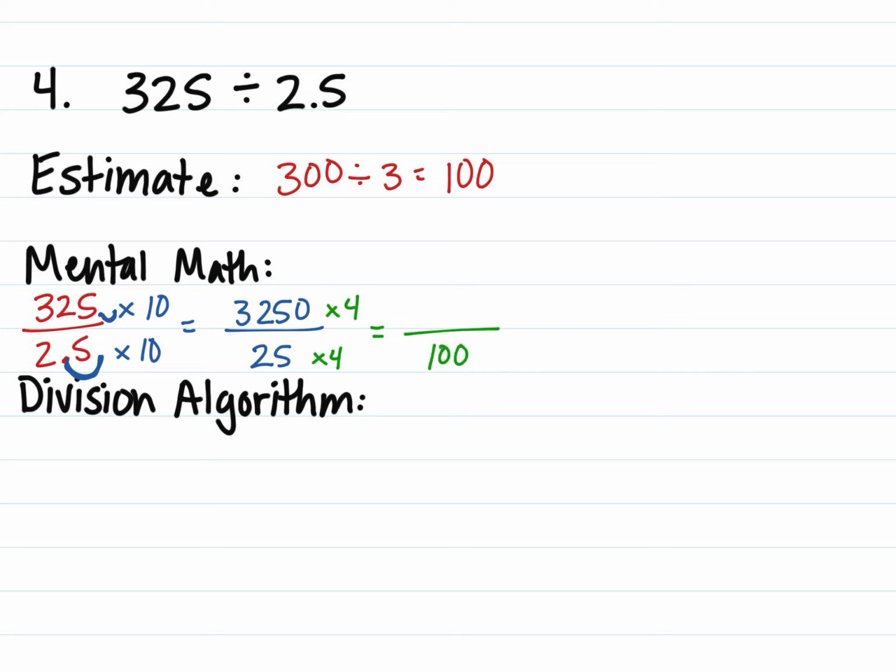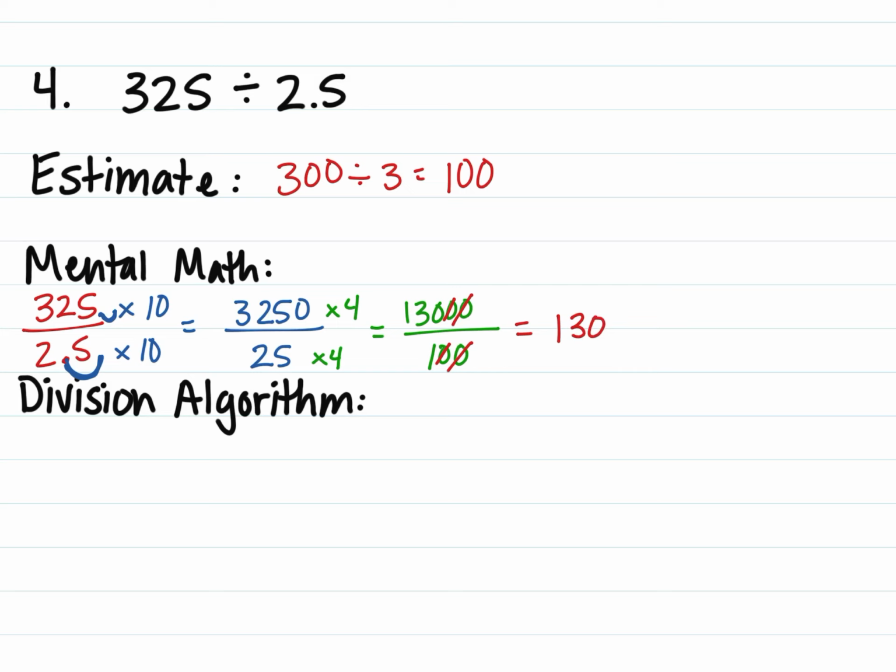When you multiply the top by 4, you get 13,000. Since these both have 2 zeros at the end, we can divide those out, and I have 130 divided by 1. Whenever you divide a number by 1, you just get the number that you started with. So 130 divided by 1 is 130.